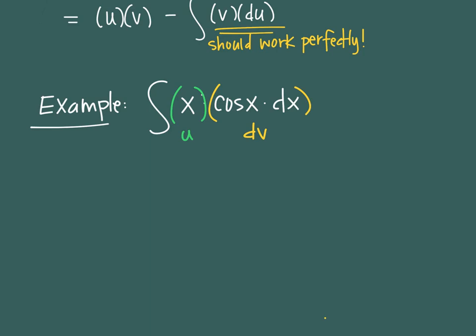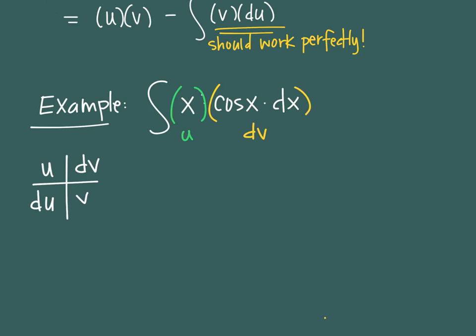And the way we're going to organize this to help us keep everything straight is we're going to put u in that upper corner, and we're going to put everything we picked for dv in that corner. And we're going to find the opposite for both of them. For u, we're going to find the du, and for dv, we're going to find the v.